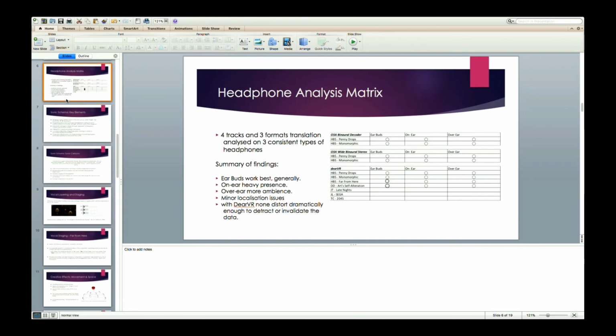For example, that tunneling feeling that was quite purposeful with the stereo panned synth tracks, creating this sort of out of your head versus inside your head movement. If people could move their head, then that distorts the tunneling effect. That then takes away from the entire production concept. That's my reason for that.